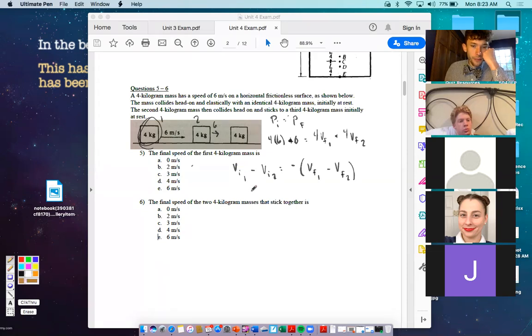So let's see, this would be 6 minus 0 has got to equal negative. Mr. Hassman, yes. The equation is the opposite. Let me consult the sacred text real quick, because it's very likely that I have gotten the equation flipped. Ugh.